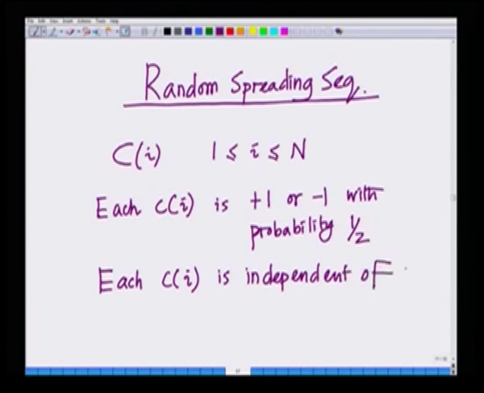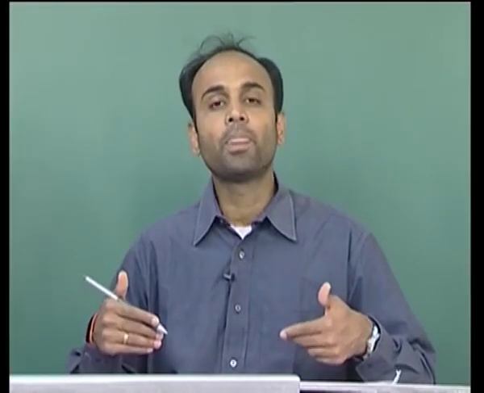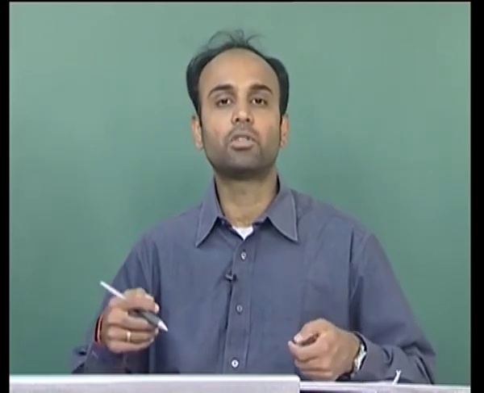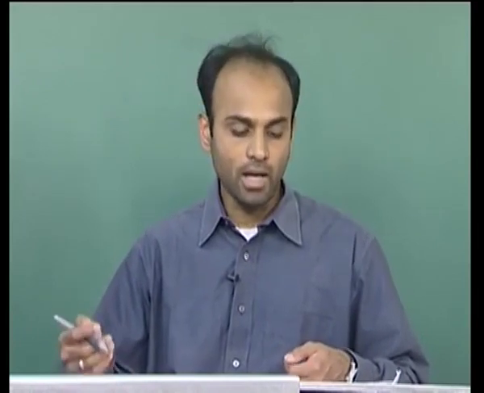That is, if I look at two different chips, C1 and C2 or C3 or C100, these chips are independent. That is, the random events that generate these two chips are independent. It is like I am tossing a coin every time I want to generate a chip.